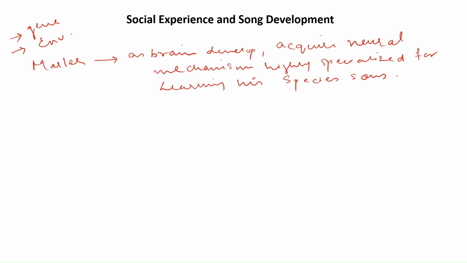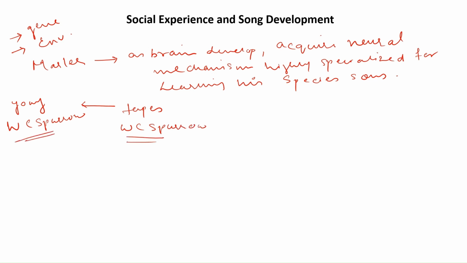Because in the previous experiment, the scientists hand-reared young white-crowned sparrows, and in the extended experiment, they used tapes that consisted of songs from white-crowned sparrows only. So these sparrows learned the song of the wild white-crowned sparrow. So both are of the same species.